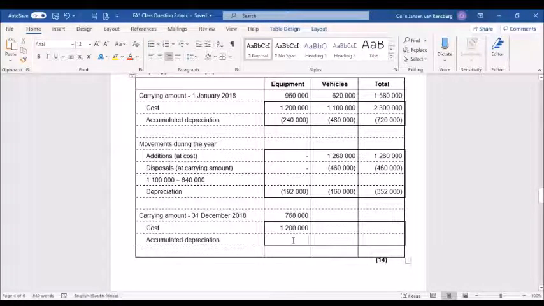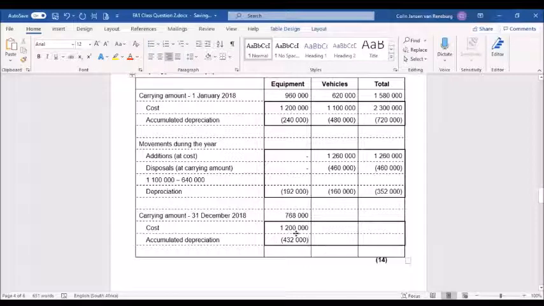If we add two negatives, it is similar to adding them up, but it just remains minus. So 240,000 plus 192,000 gives us 432,000. Hopefully that is correct. Yes, that is correct.